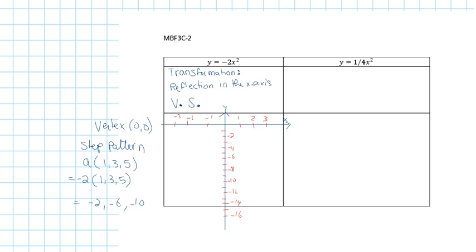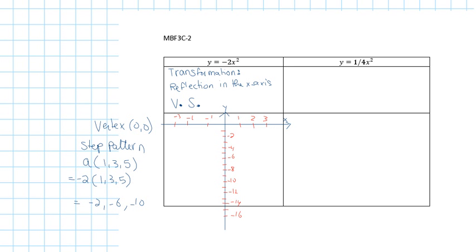If I want to use the step pattern, I have to make sure that I'm going down by, like if you look at my y-axis, it's 1, 2, 3, 4, 5, right? So each square or each small line is a 1. Okay, can you guys just pay attention to this and then I'll give you time to graph it?